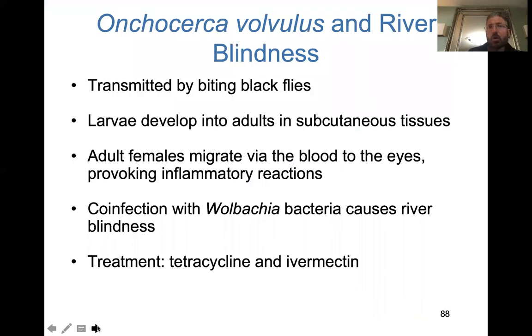So river blindness is transmitted by black flies. Larvae develop into adults in the subcutaneous tissue, a little bit deeper. Adult females migrate via the blood to the eyes. So you're bitten somewhere, it goes through your basement membrane, then into your capillary bed, and migrates to the eyes, provoking an inflammatory reaction.